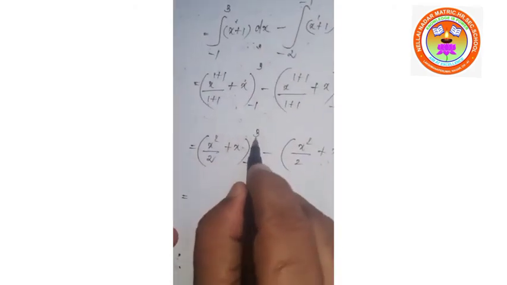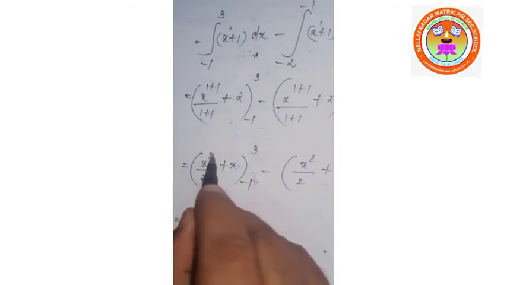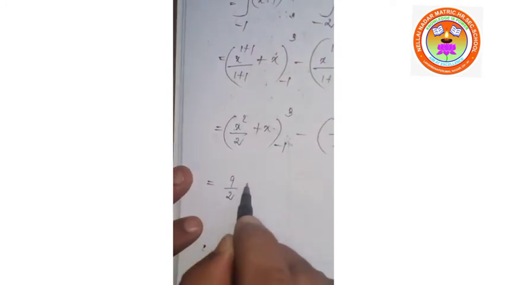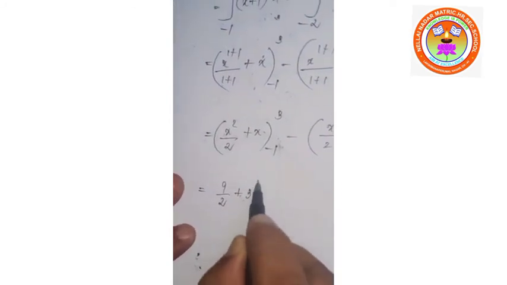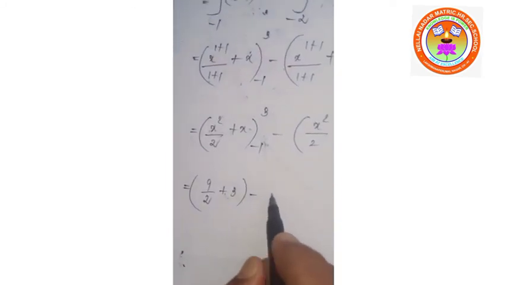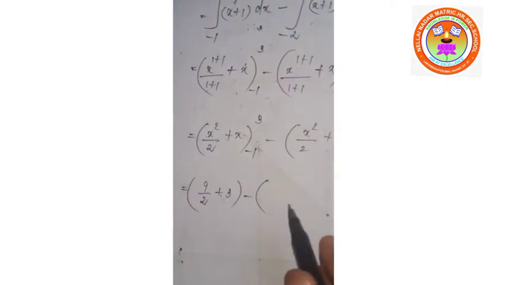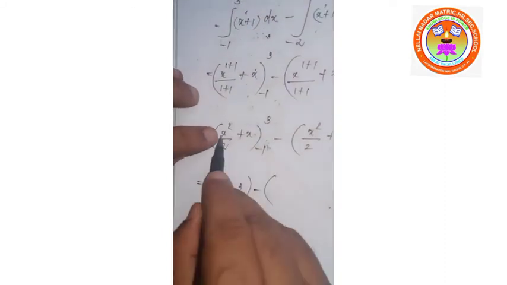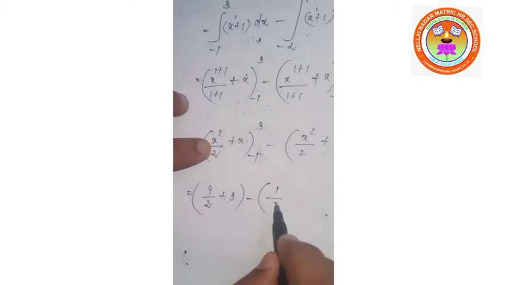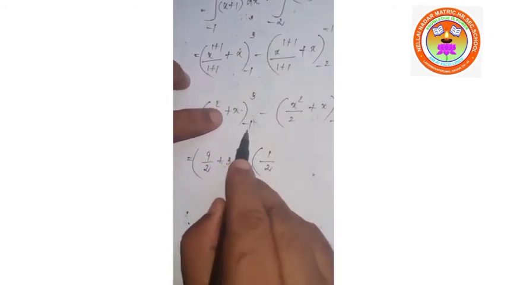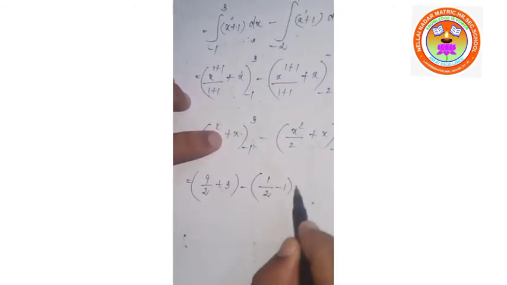Equals. Can we apply the upper limit? Replace x by 3. 3 squared, 9 by 2 plus 3. Upper limit is over. Minus lower limit. Also lower limit? -1. -1 the whole square is 1 divided by 2. X should be replaced by -1, so -1.